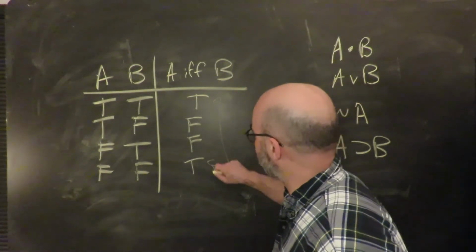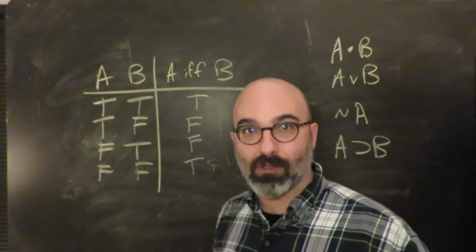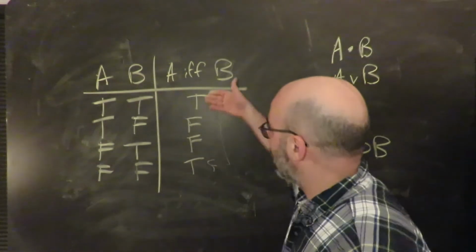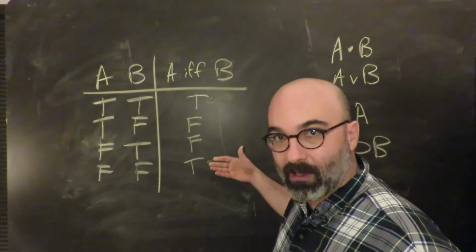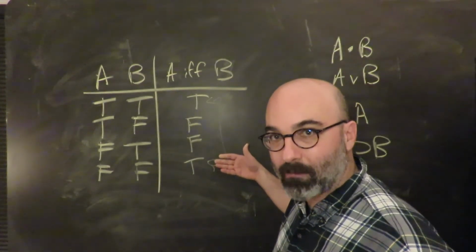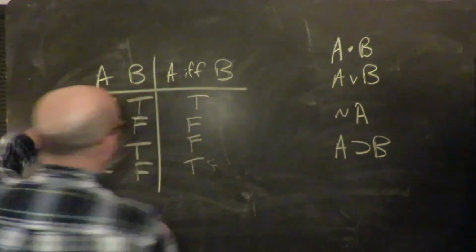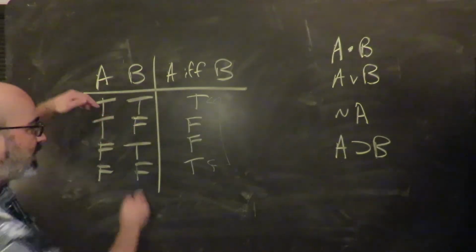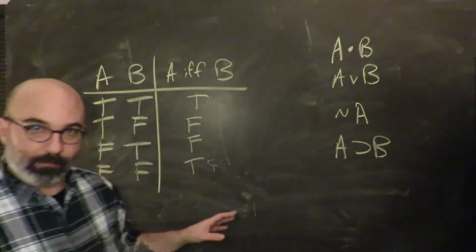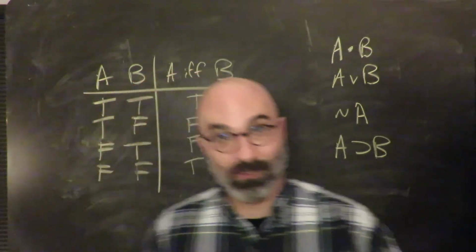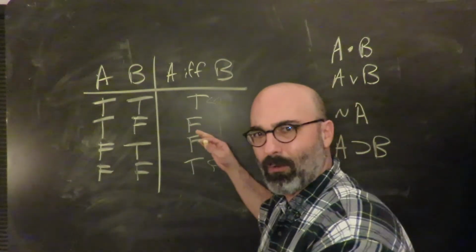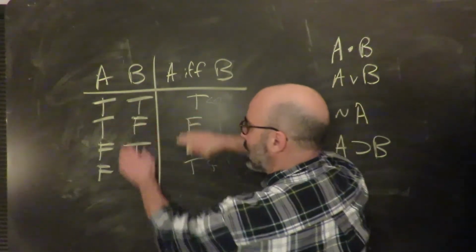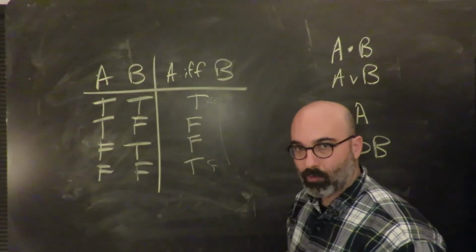Strangely enough, because these two are both mutually guaranteeing and also mutually disqualifying, the top and the bottom of a biconditional match. Why? Because the truth values match. If the truth values don't match, all bets are off on biconditionals. And that's what makes biconditionals so interesting: they're mutually guaranteeing or mutually disqualifying propositions.